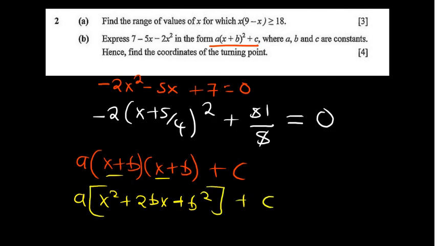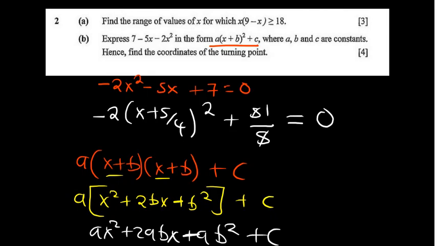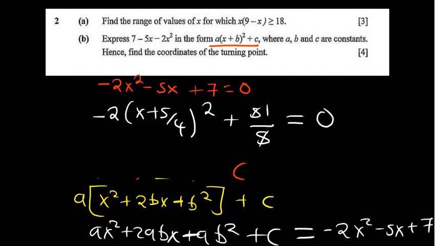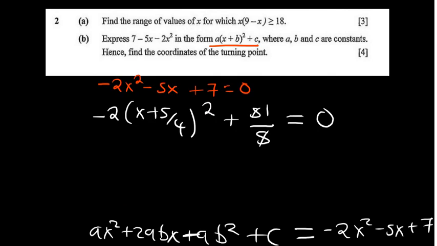You can distribute the a, so you have ax squared plus 2abx plus ab squared plus c. So you can just equate this now to, let me write it in the form of negative 2x squared minus 5x plus 7, and then you can come up with equations that relate the two.